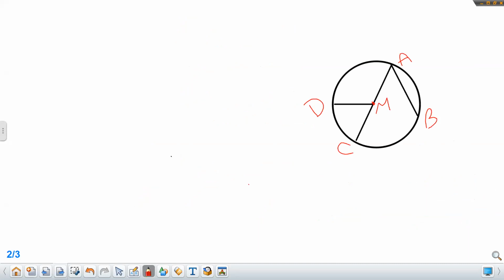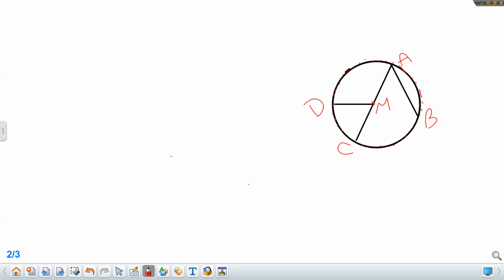First, what's this figure? It's called a circle. This circle, what's the definition of it? A circle is a closed curved line that contains infinite points, all of them equidistant from a fixed point.